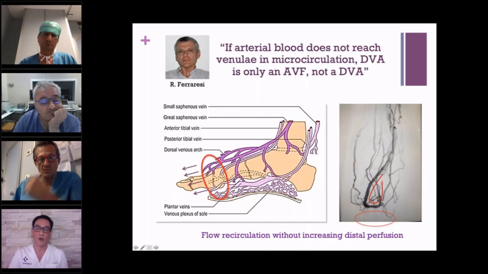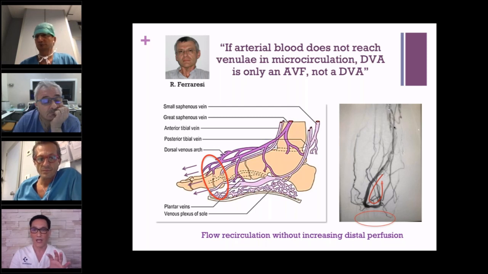And all of these concepts were put together by Roberto Ferraresi, who is a leading expert in this field, who states that if arterial blood flow does not reach the venular microcirculation, this is not going to be a DVA, but it's going to be a normal AV fistula, because you will get just flow recirculation without increasing flow to the distal perfusion.